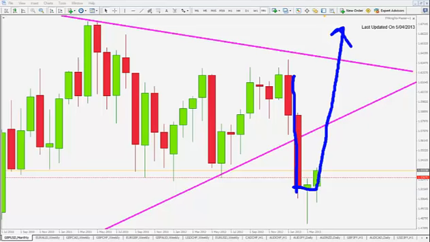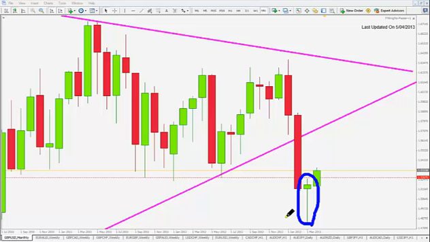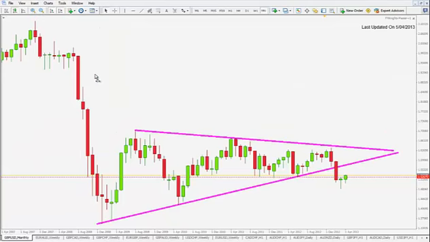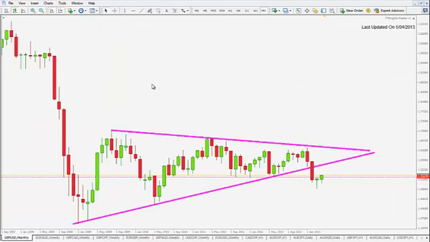Right now we have a fake candle, which is a nice pin bar, showing us that price might not sustain the break of this support level. So from now on we should be kicking to the upside on the sterling pound against the American dollar. On the monthly time frame we are expecting massive bullish price action to the upside.